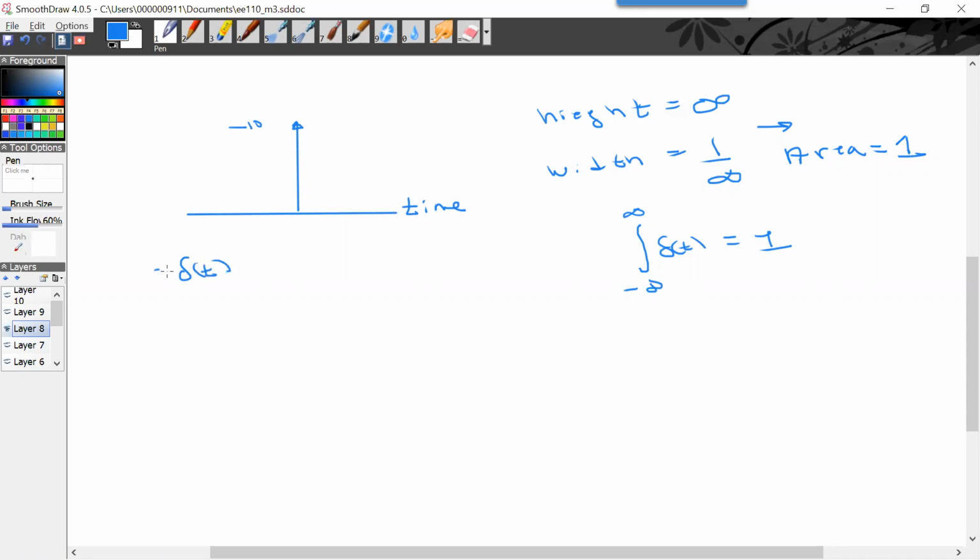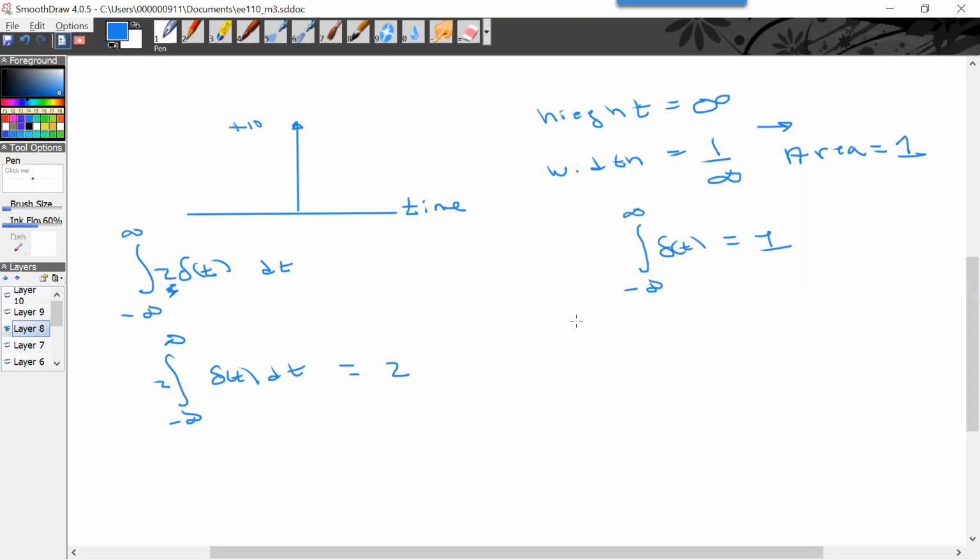So the integral of 2 times the delta function, this question might show it going up to 10, but here it's 2, and that integration, by definition, is 1, and you get 2.